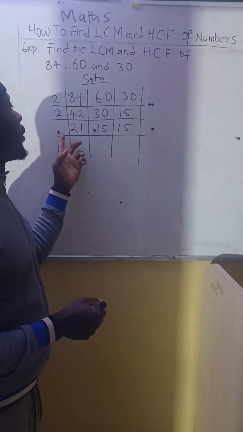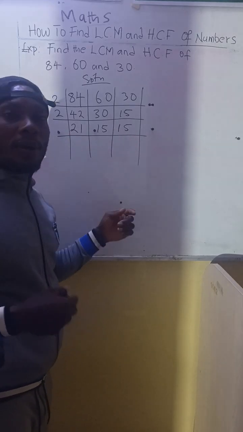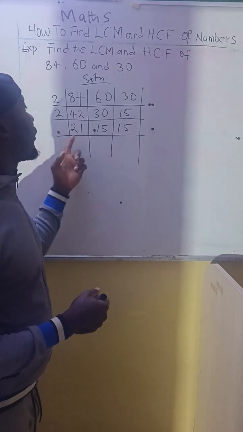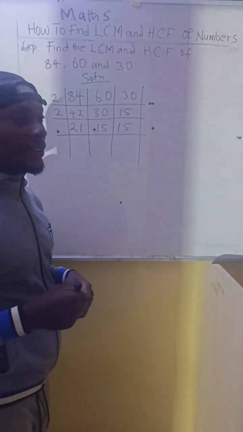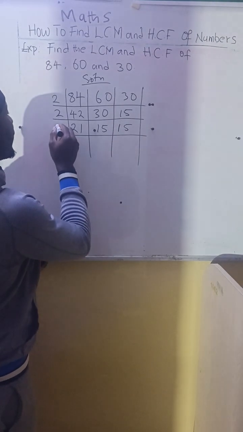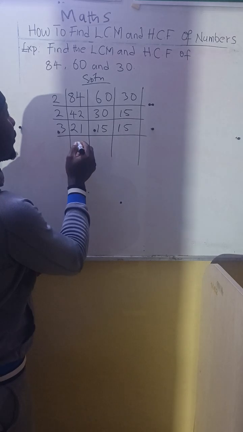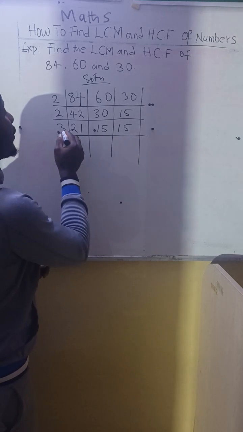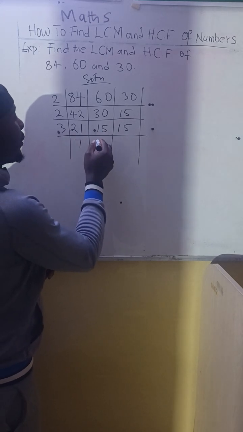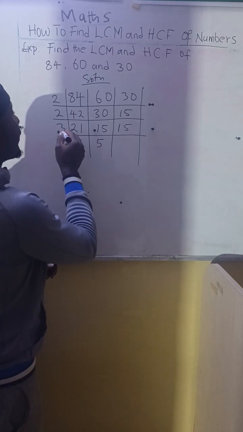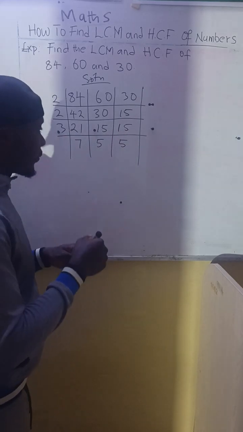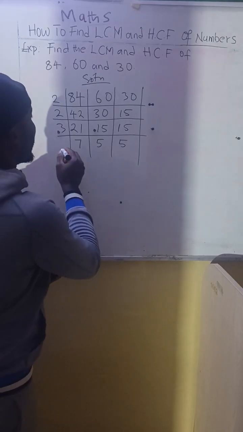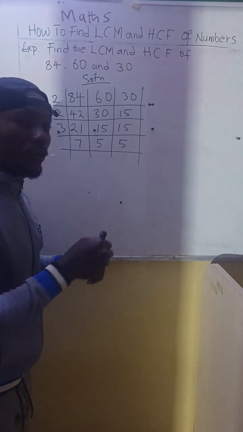Now we are on the third row. On this third row, what number can divide these numbers? We'll say 3. So 3 divides 21 to give 7. 3 divides 15 to give 5. 3 divides this 15 to also give 5. Now we are on the fourth row.